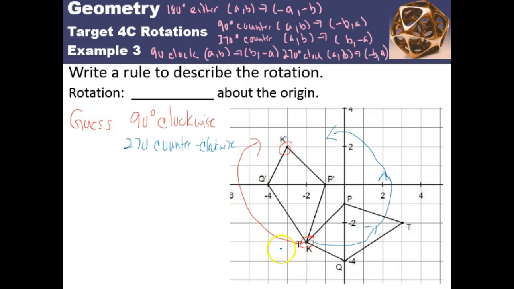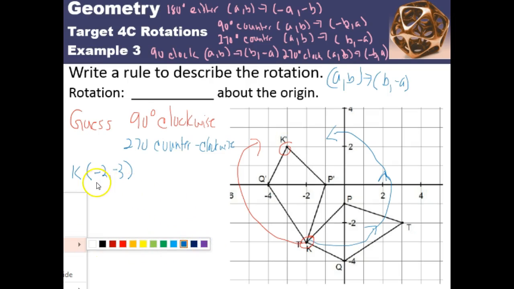So my point for K is (-2, -3). So my rule, remember, is (a, b) gets mapped to (b, negative a). So they're going to trade places, and the sign of the first one's going to change.